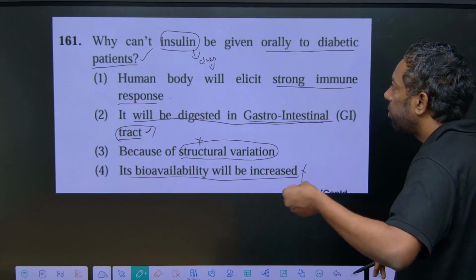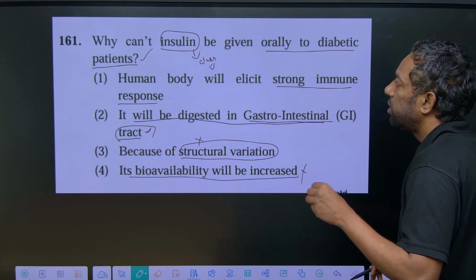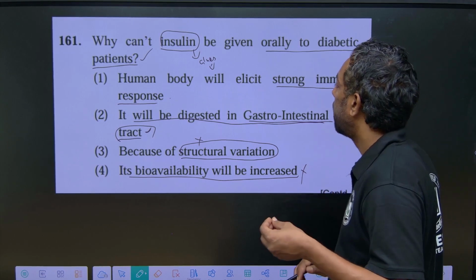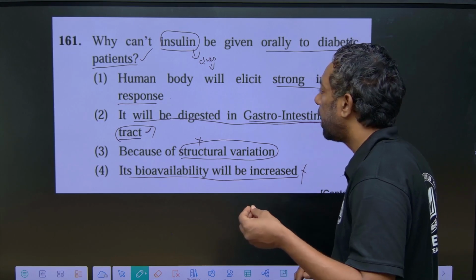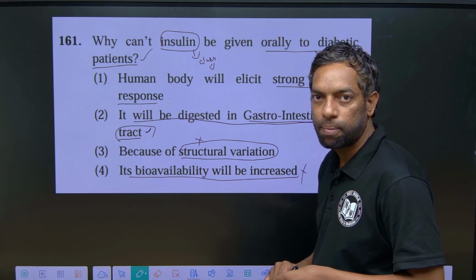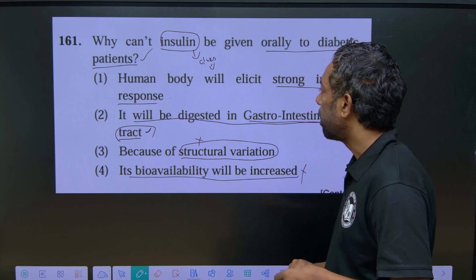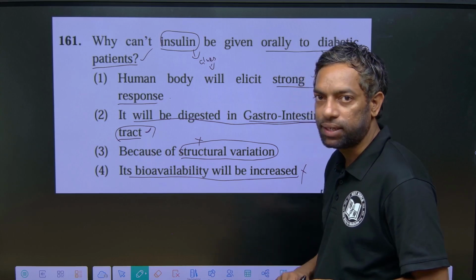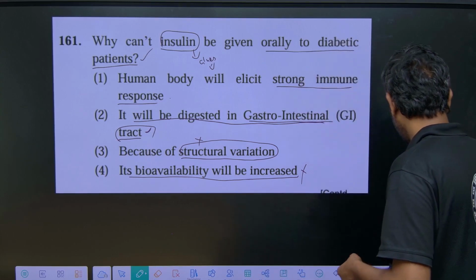So if it is given orally to diabetic patients, there is a chance it will be digested in the GI tract. Because of lack of glucose, they need energy in this condition.